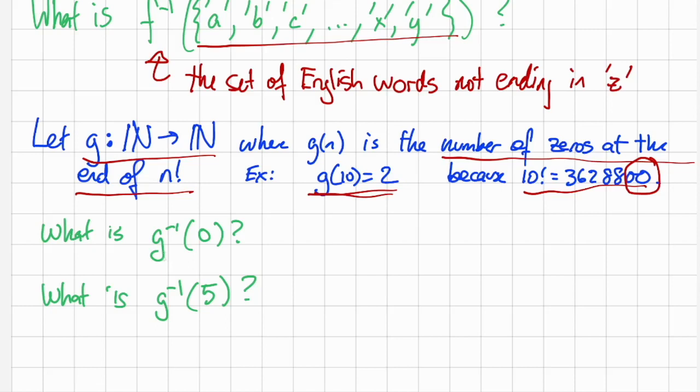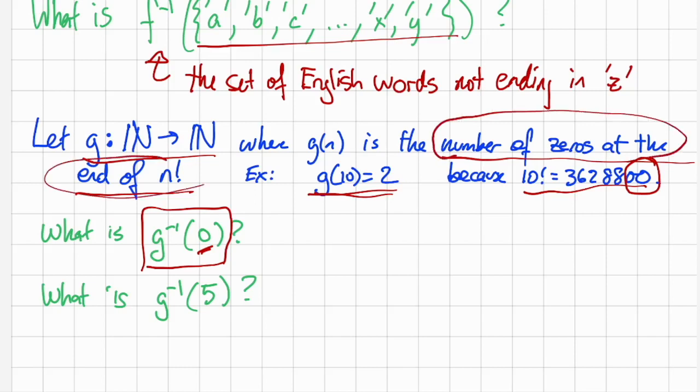Something to be careful about is when you see an expression like this, maybe your first inclination is to calculate what is g of 0, but that's not what this question is asking. It's asking what is the pre-image of the number 0. And so what is 0 supposed to represent? It's supposed to represent the number of zeros at the end of n factorial. So let's write out some examples.